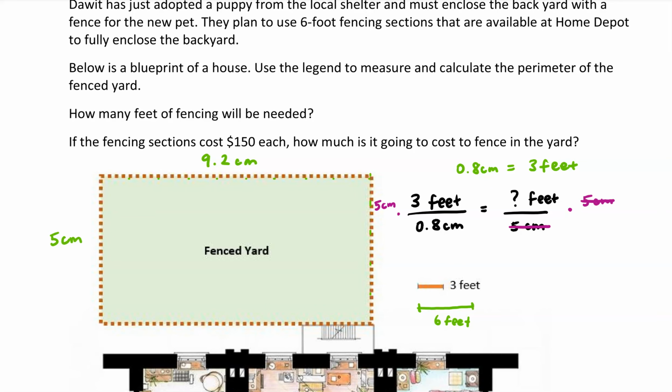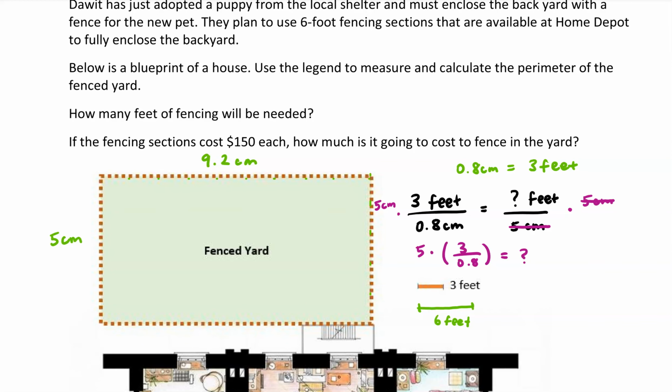The question mark will be equal to 5 times 3 over 0.8, and that will give us the equivalent value of 5 centimeters in feet.